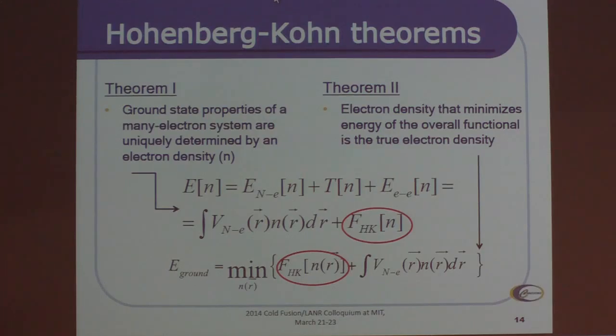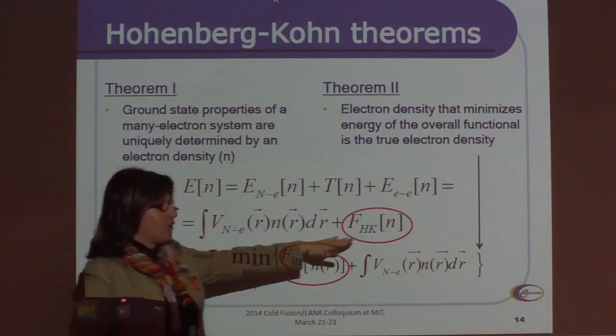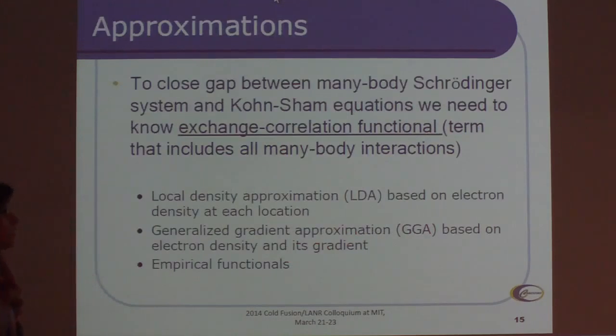And everything would be peachy keen if we would know the exact form of this functional. So yes, to close the gap between the many-body Schrödinger system and the Kohn-Sham equation, we need to know the explicit form of that exchange correlation functional. And we don't know it.